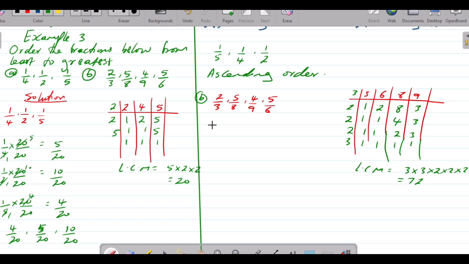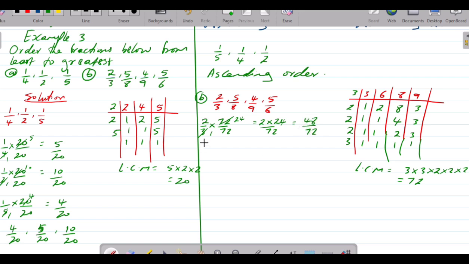So all we need to do now is to multiply each fraction here by the LCM. So we have 2 over 3 multiplied by 72 over 72. 3 here is 1. 3 in 72, that will give us 24. So we have to say 2 times 24 divided by 72, and that's going to give us 48 over 72.